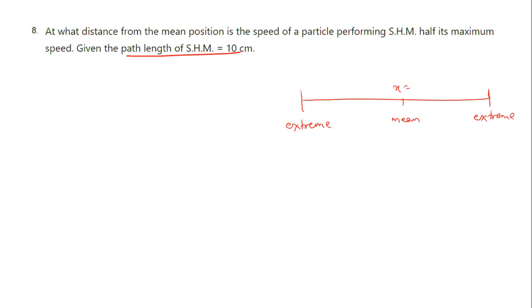Here x is equal to 0, here x is equal to plus a, and here x is equal to minus a. So this total distance is the path length. You know that this is a and this is a. So path length is 2a. It means that 2a is 10 centimeters. So a is 5 centimeter, the amplitude.